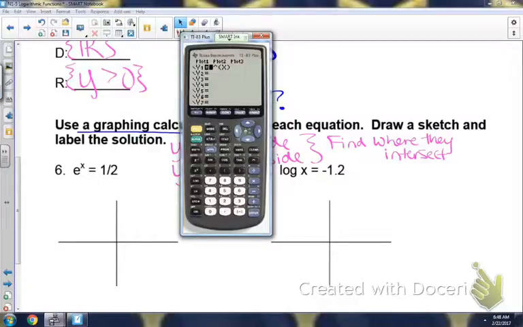So go to y equals. We're going to retype in second natural log, which is e to the x. And then my right side is 1/2. We're going to graph it, and we're going to find where they intersect. To do that, you're going to do second calc intersect, which is 5. Press enter 3 times. We're going to sketch our graph here.